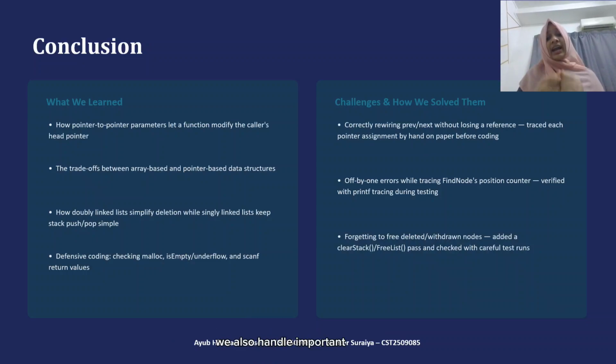We also handled important edge cases such as an empty list, a single node list, and values that are not found. From task 2, we learned how a stack follows the last in first out principle and how the top pointer is used for adding and withdrawing values efficiently. We also handled stack underflow, invalid input, and memory management.